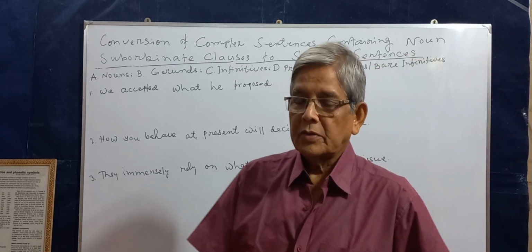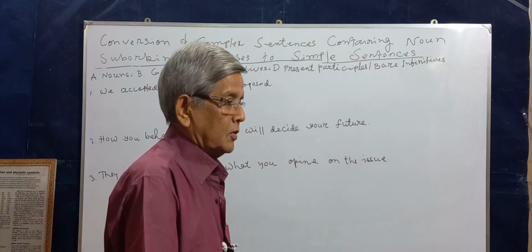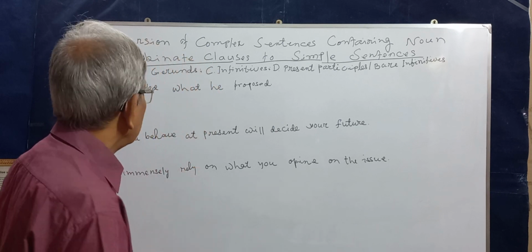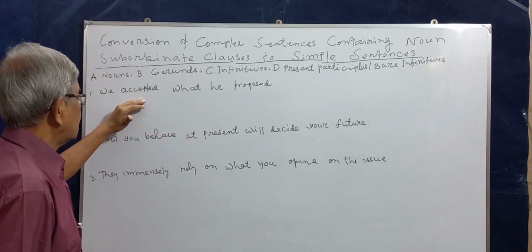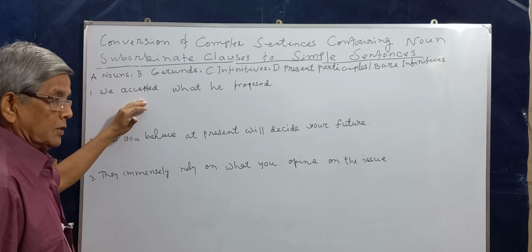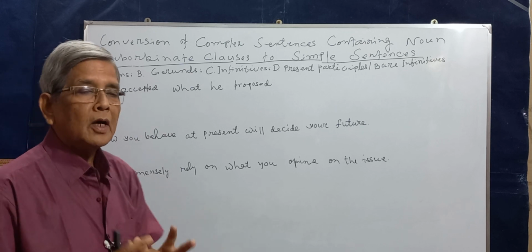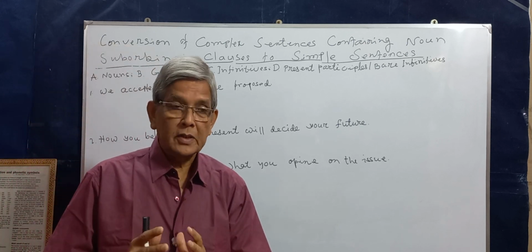When we convert a complex sentence to a simple one, most often, almost always, the principal clause remains unchanged. The finite verb in the principal clause remains as it is.